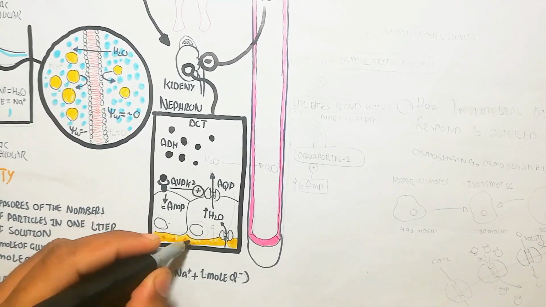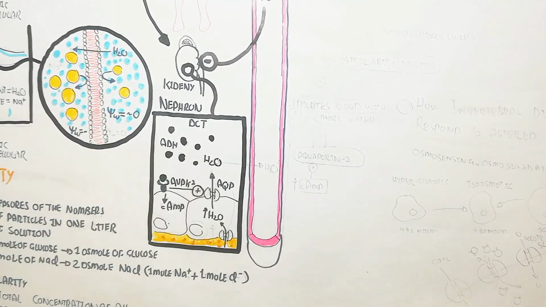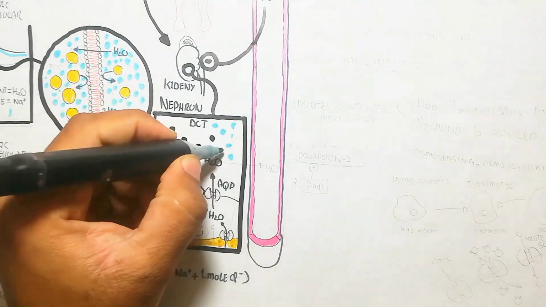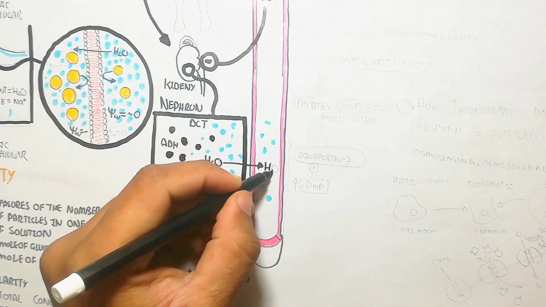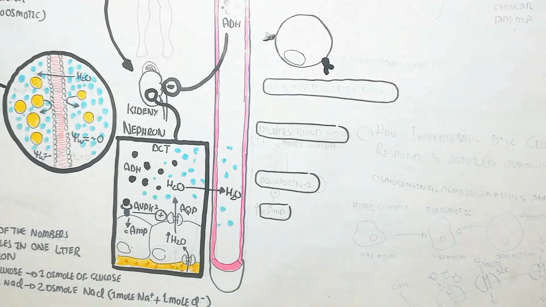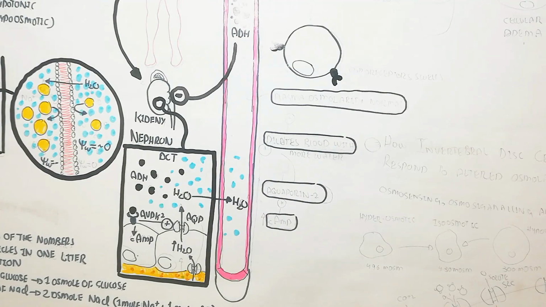When reabsorbed into the interstitial space, the water will be reabsorbed into the vasa recta, basically into the capillary. The efferent arteriole will reabsorb this water.